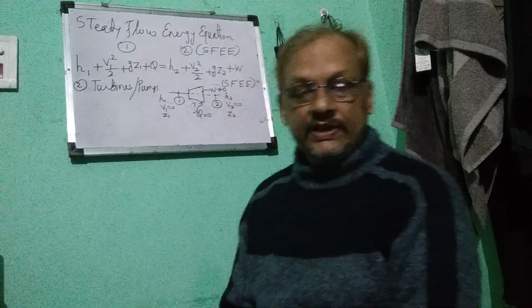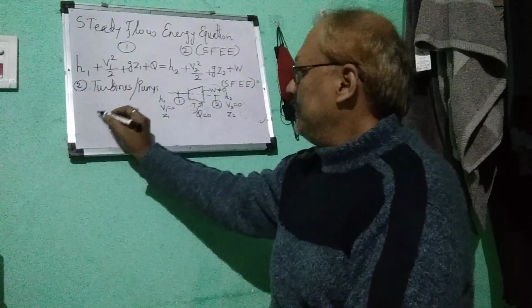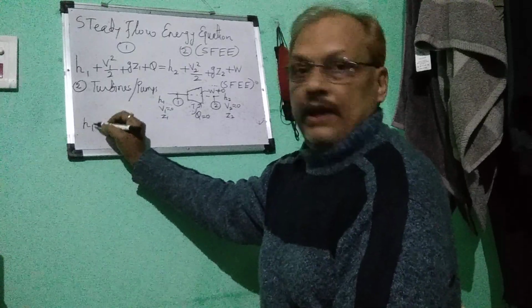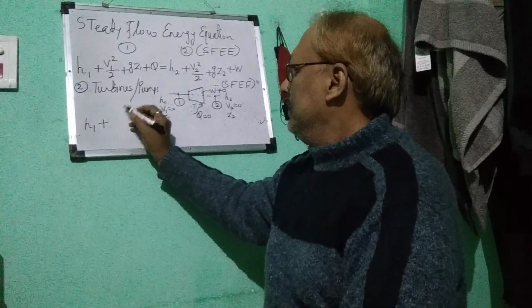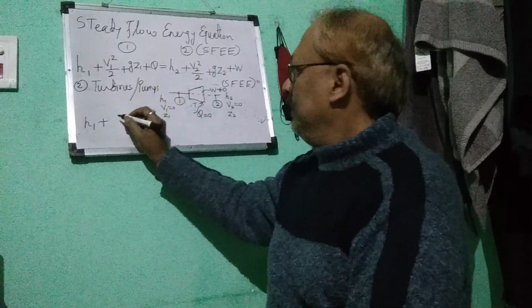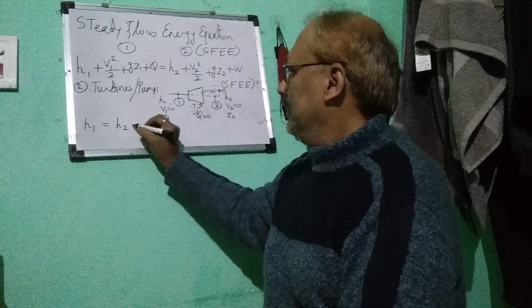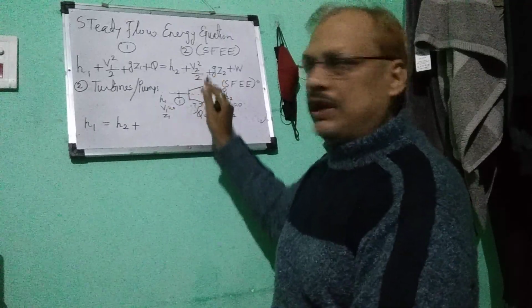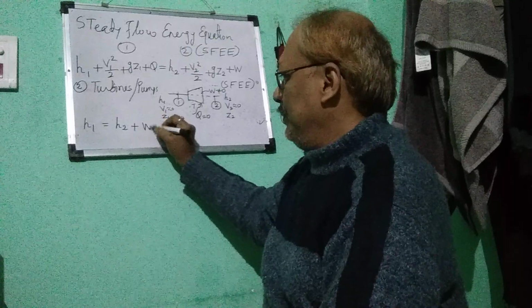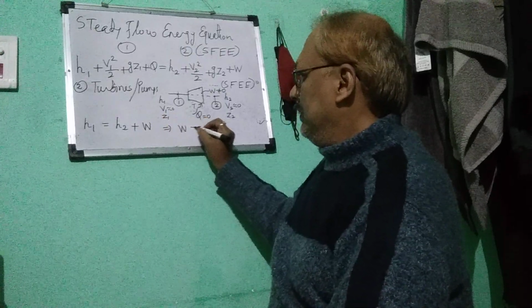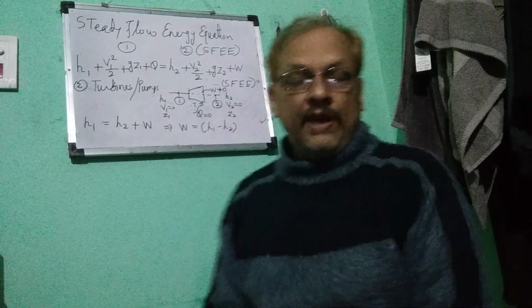How much work is developed in the turbine is important, that we will calculate. So H1 equals H2 plus W, with V terms almost 0, gZ1 and gZ2 cancelled out, and Q equal to 0. That implies W equals H1 minus H2.